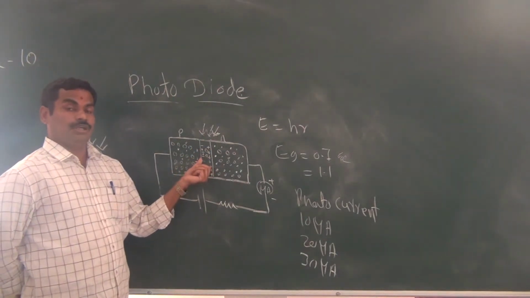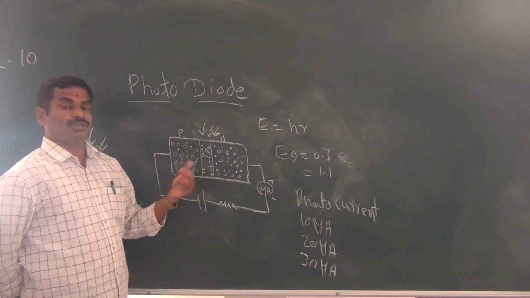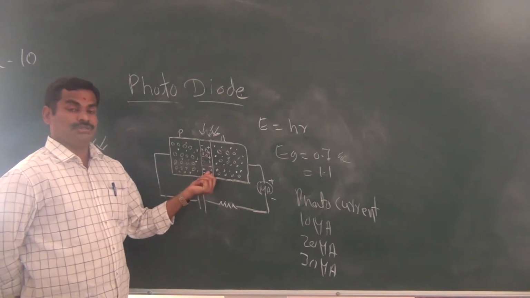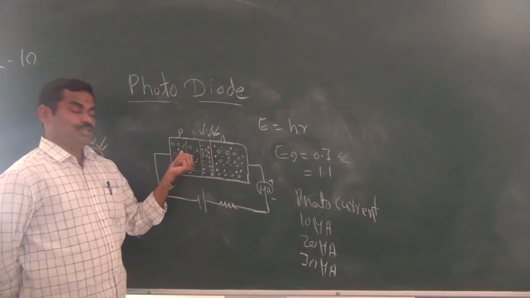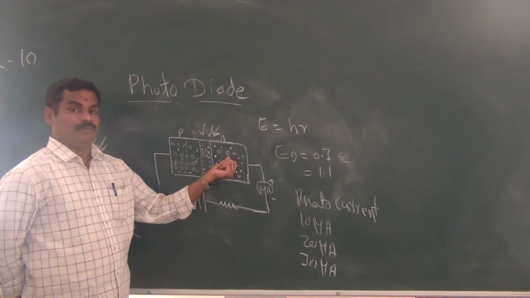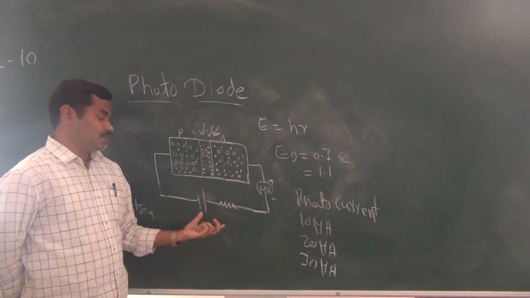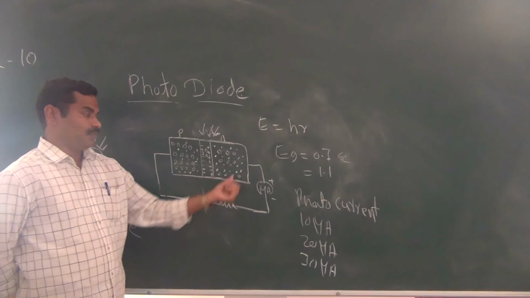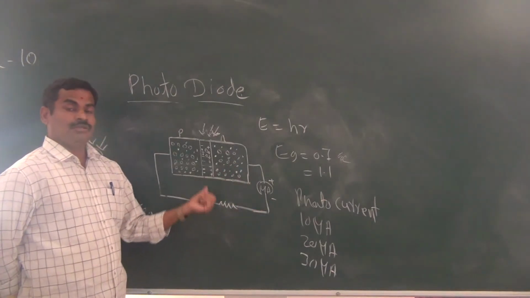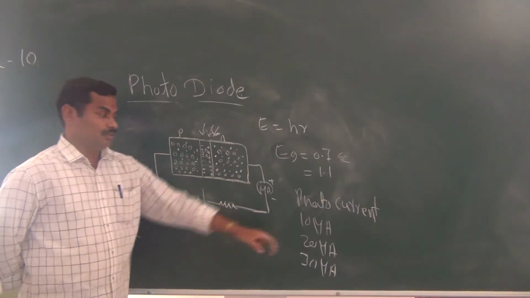And whenever you break the covalent bonds, as you know already, the electrons and holes come in pairs, generating electron-hole pairs. Because of electric field, the hole moves towards the p side and the electron moves towards the n side. And here, because you are applying reverse bias, this hole will move towards the negative side and electron will move towards the positive side. This movement of electron and hole is nothing but the photocurrent.